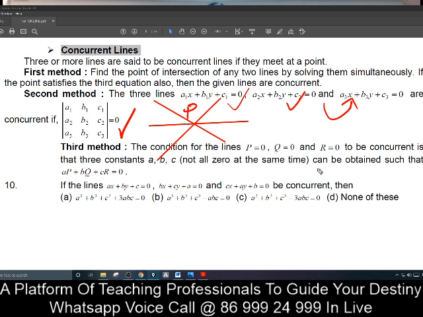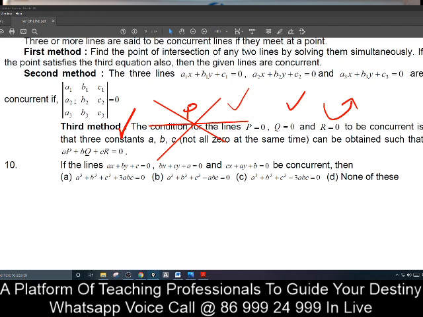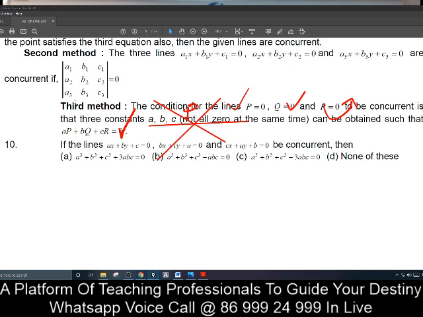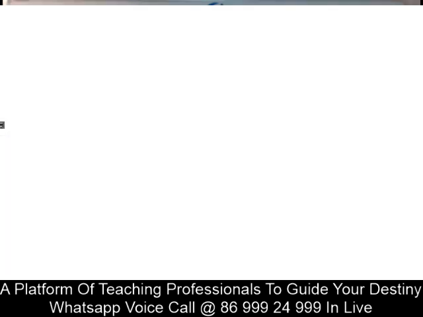Now here, a very important thing that is to be remembered and given preference in the objectives is the concept of a set of concurrent lines. I'll explain it. Just a moment. What is this?